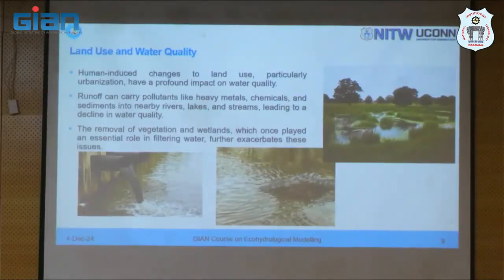We do not see these kinds of lakes or wetlands anymore in the majority of the cities, right. In addition to the flooding problem, they also act as natural filters, right. I think yesterday we said that they are the kidneys of your watershed. So, the absence of this increases our problems more. Okay.